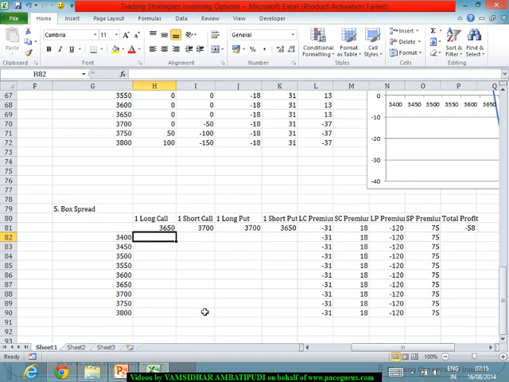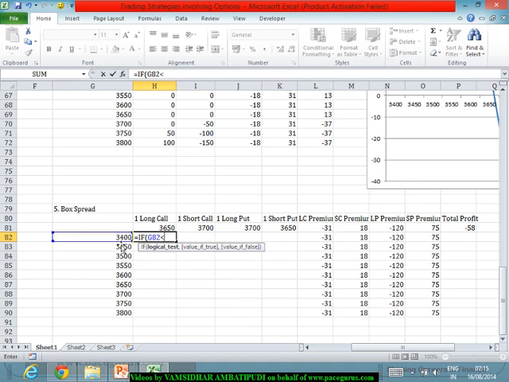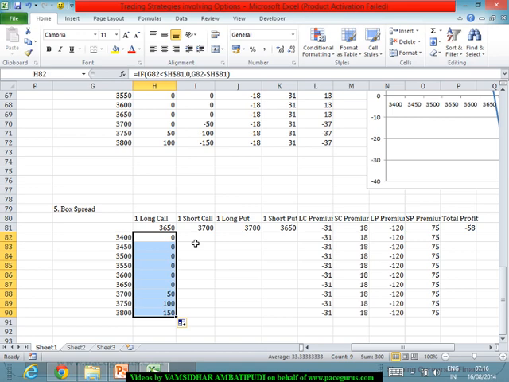With respect to a long call, it would be exercised only when the market price is greater than the strike price. Until that time, the market price is going to be lesser than the strike itself. Otherwise, the difference between the two is going to be the gain.